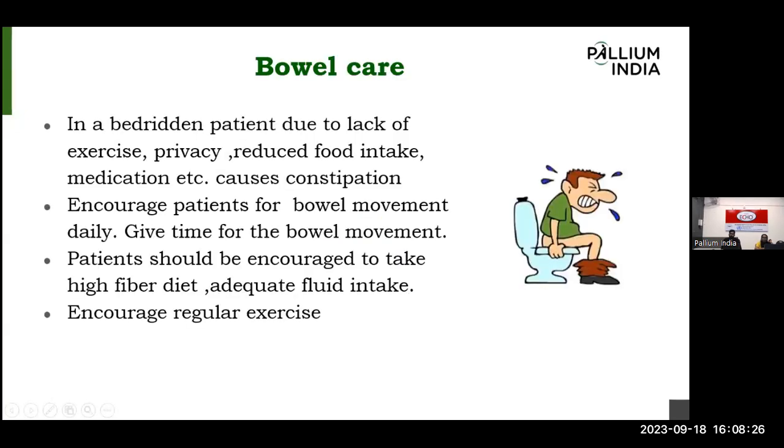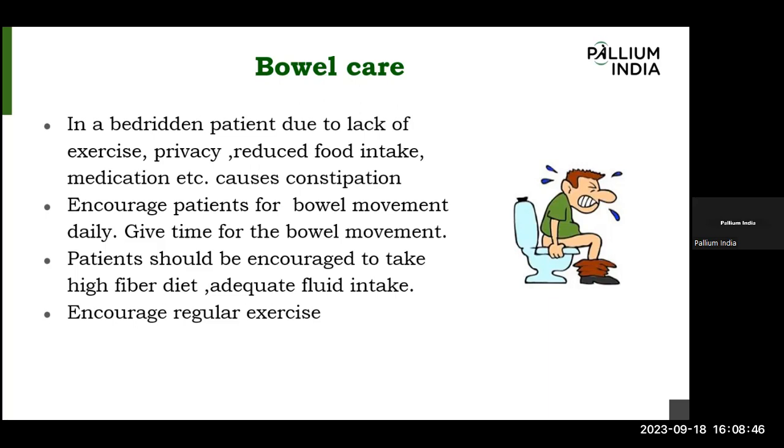So next part is bowel care for a bedbound patient. They usually can develop constipation because of lack of exercise, privacy, reduced food intake, and some of the medications which we are using in palliative care.